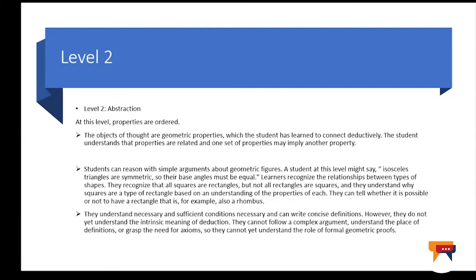And then for intermediate and senior phase learning, we will focus on the first three levels, as level 3, which is deduction, and level 4, which is rigor, are relevant for high school or college mathematics students.